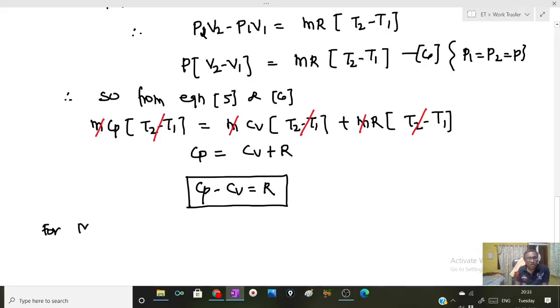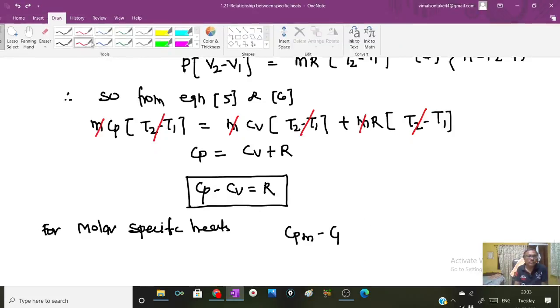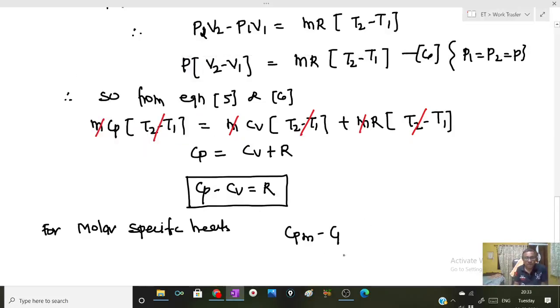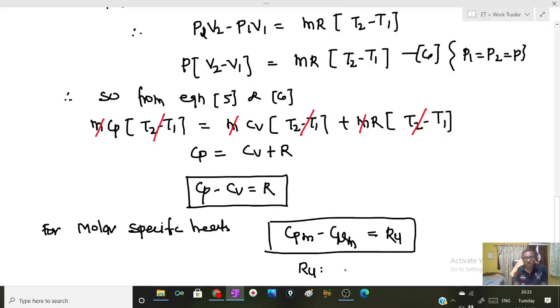For molar specific heat, this relation can be written as Cpm minus Cvm is equal to Ru, where Ru is universal gas constant.